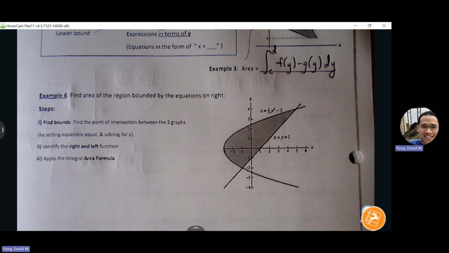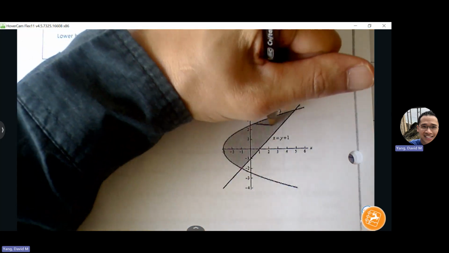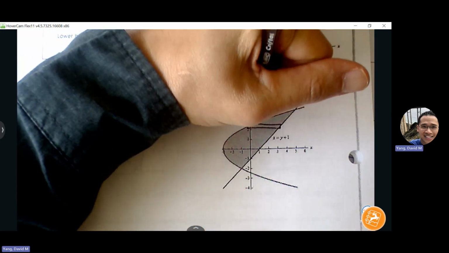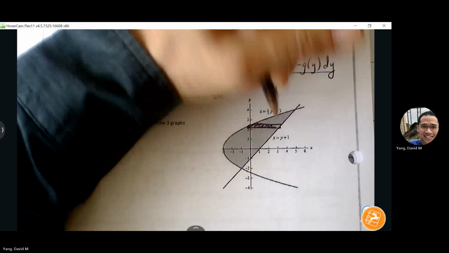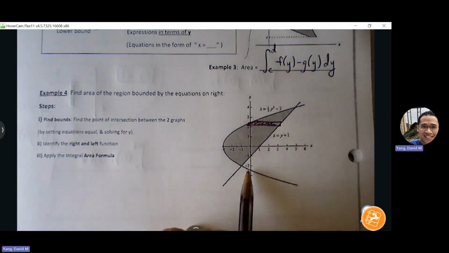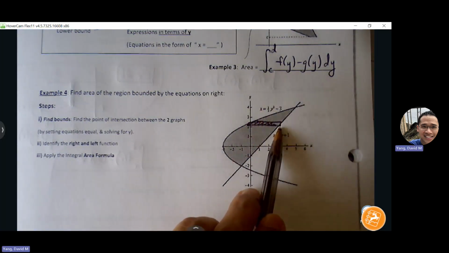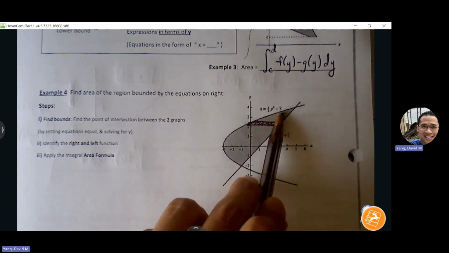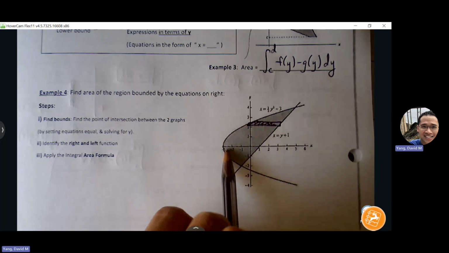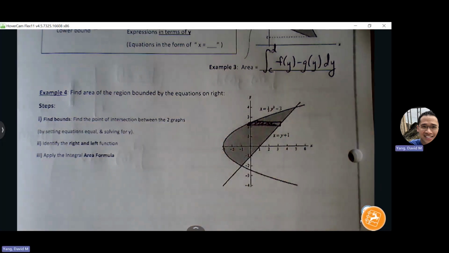We can just rely on one integral to help us get there, because no matter where I draw my representative rectangle horizontally, if I slide this up and down this region, my right endpoint is always consistently sitting on the line, and my left endpoint is always consistently sitting on the curve. So I know I can just rely on one integral to produce the area of this region.